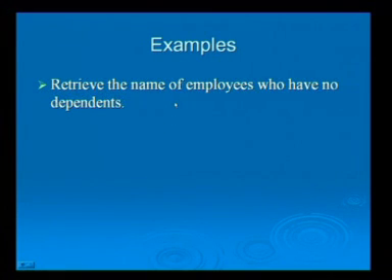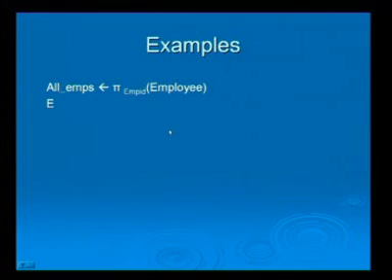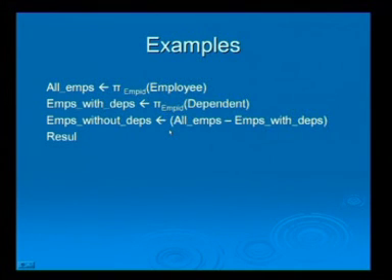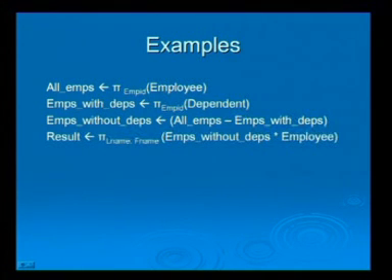So, the other query is to retrieve the names of employees who have no dependents. When you read this query, the applicable relational algebra operation should come to your mind. Here we get the employee ID from the employees, that is, we project it.